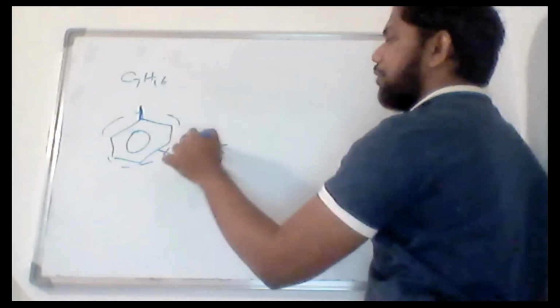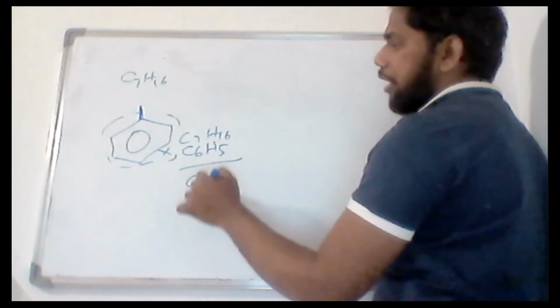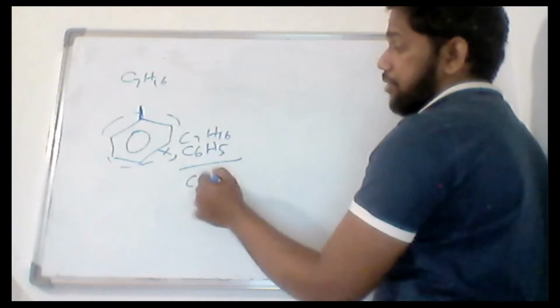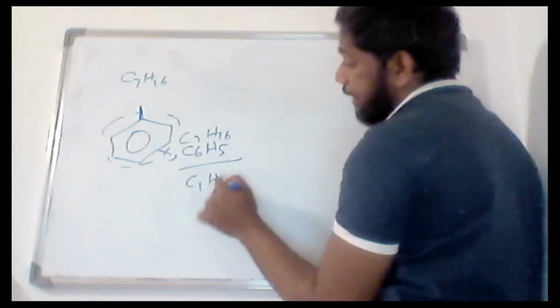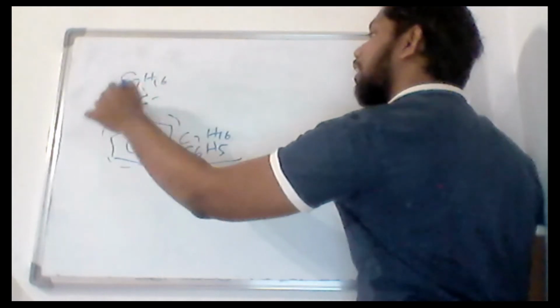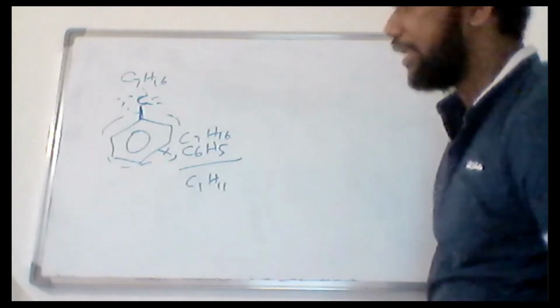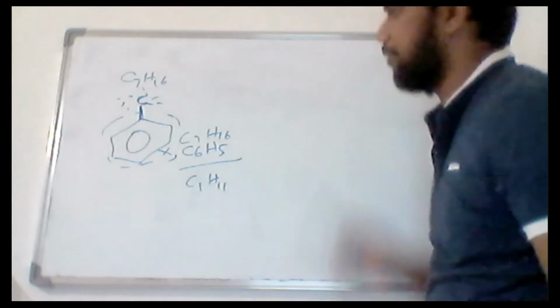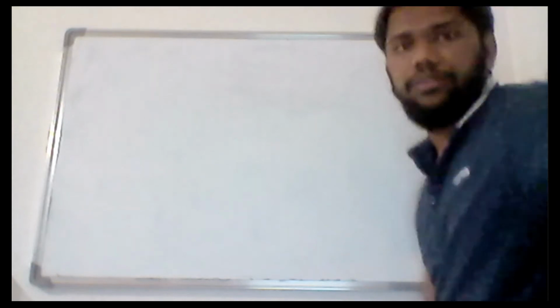So if you subtract that from C7H16, there will be one carbon with H11, meaning a carbon bonded to this with 11 hydrogens, which is not possible. So this is not an aromatic compound. Typically this is an alkane which shows optical isomerism.